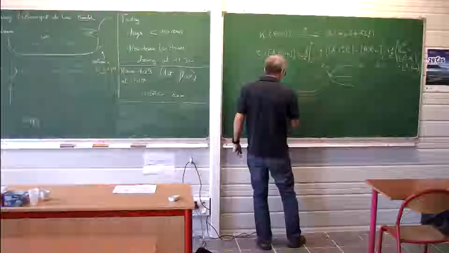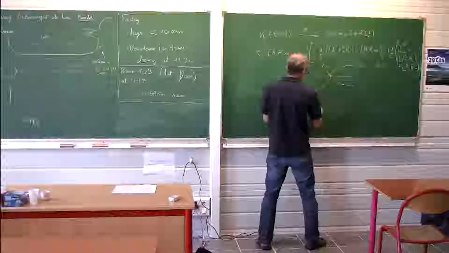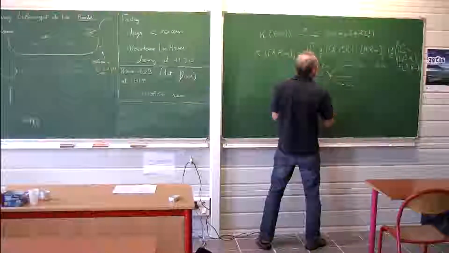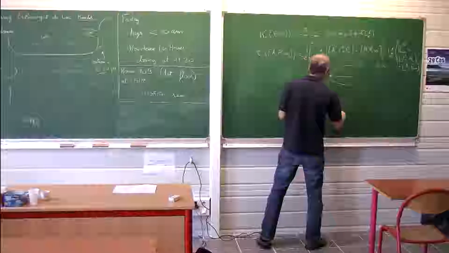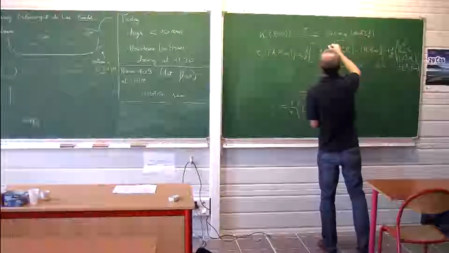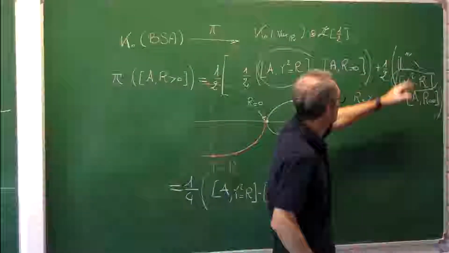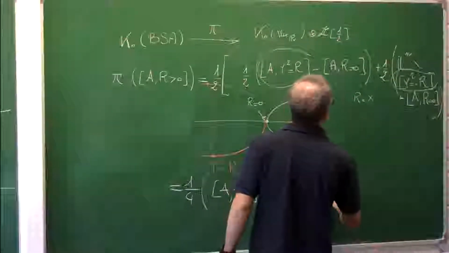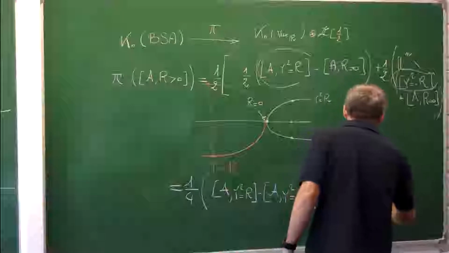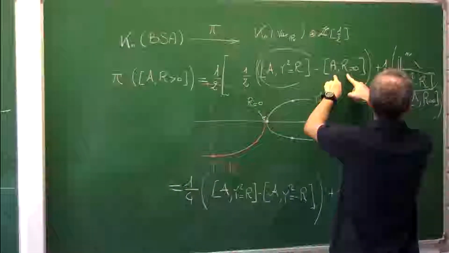So it gives 1 over 4, the class of y square equal R minus the class of y square equal minus R. So here, this and this. And I have here 1/2 the class of the total space minus, minus what? Minus 2 times this guy.